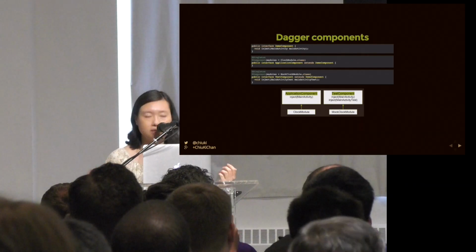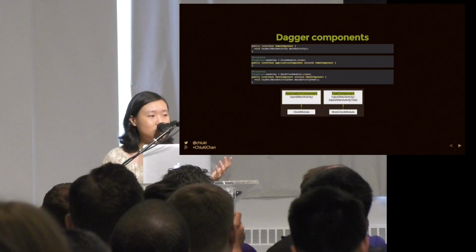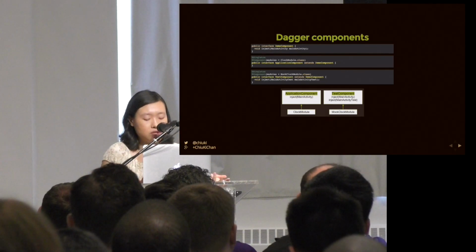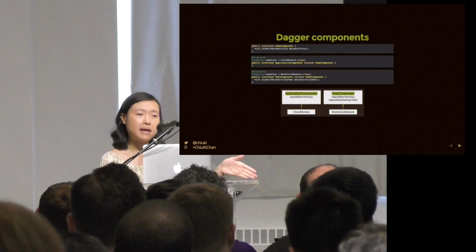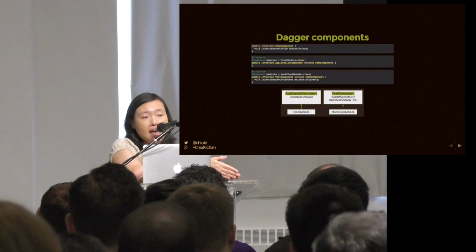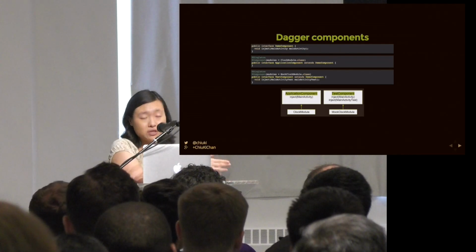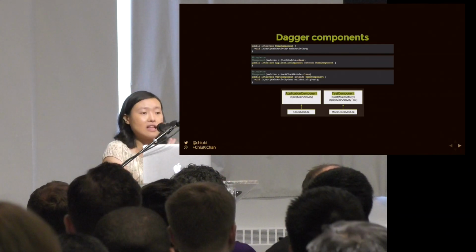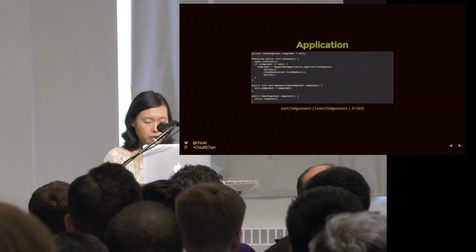Because the time changes. If you are always testing against a now that is different all the time, you cannot really verify what it's going to do. So this test component is also injected into the main activity so that we can supply a known time to it. And then it's also injected into the test because that's where we supply the time. It'll be a little bit clearer when we go through the code.